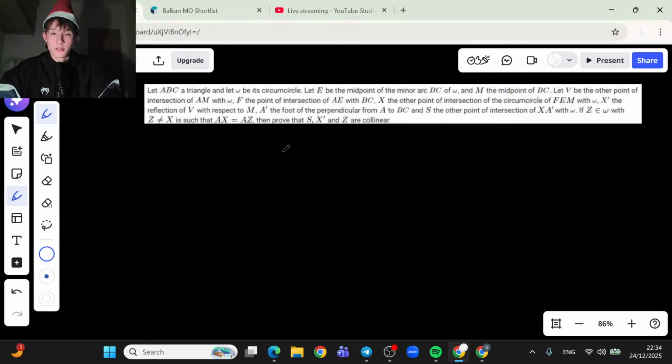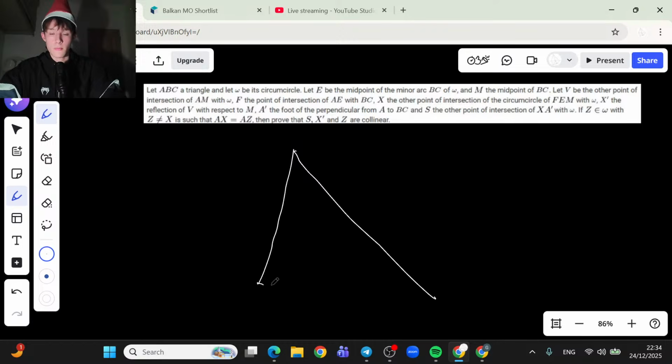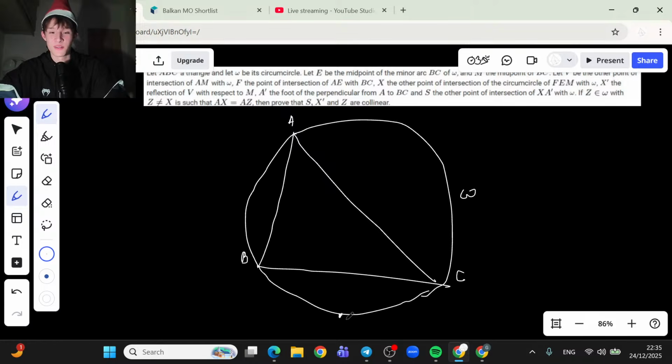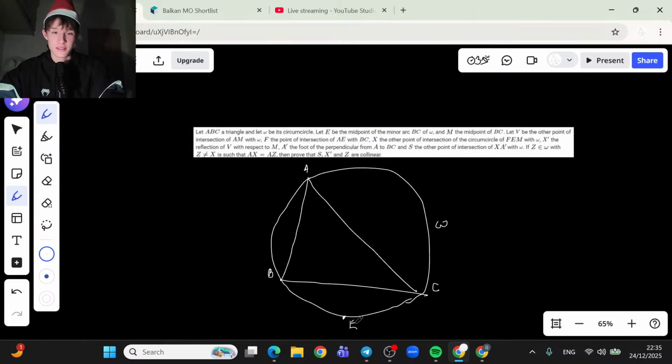Okay. ABC and omega is the circumcircle. Let's start with that. E is the midpoint of... oh my days. No way. They marked E as the midpoint of the minor arc. That is absolutely a crime against humanity, I guess.